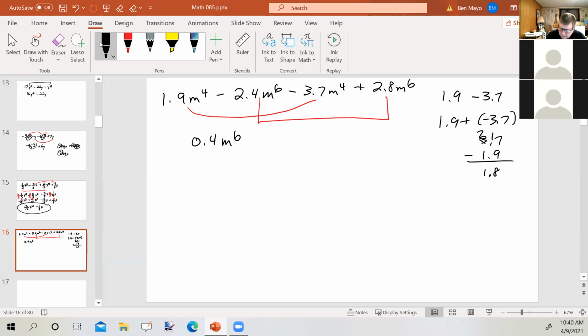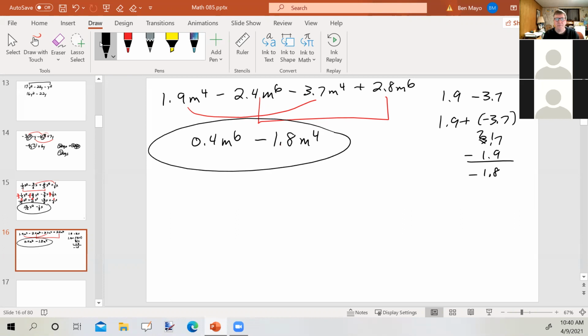We get 1.8, and then attach the sign of the number with the larger absolute value. All that to say that you get minus 1.8 m to the 4th. My guess is that at this point, most of you would just do that on a calculator, and you'd say 1.9 minus 3.7 is a negative 1.8. Either way, this would be our final answer. Any questions there?